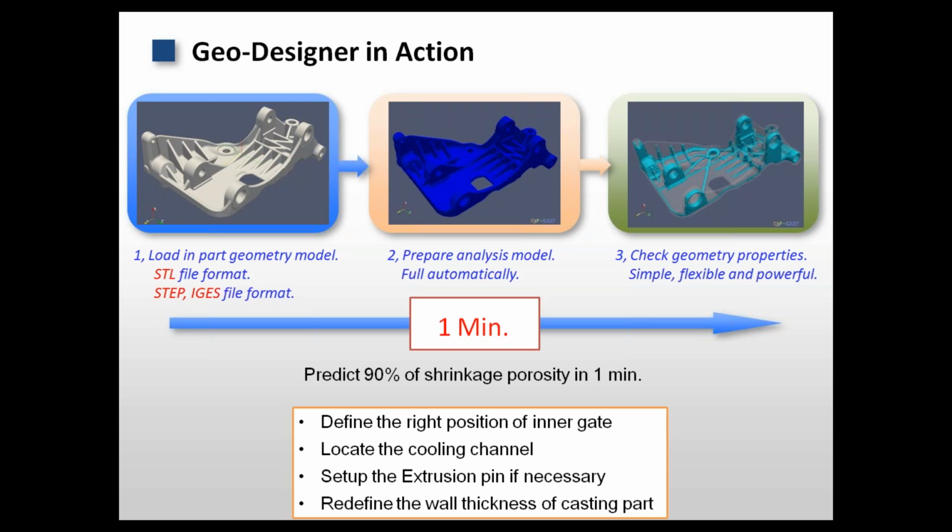And then we could check the geometry properties such as the MDI, the mass distribution index, and the HDI, the heat distribution index. Based on this process, in just 1 minute, you could predict 90% of the shrinkage porosity risk.